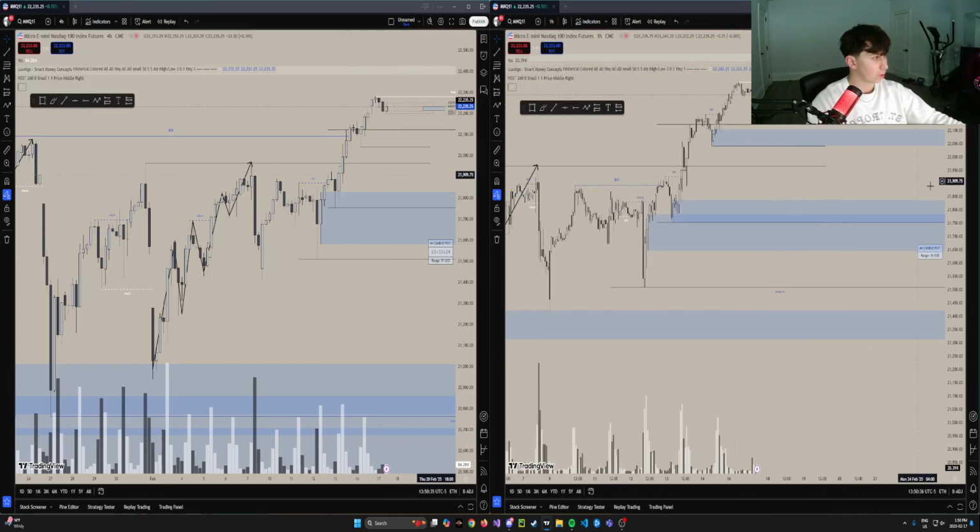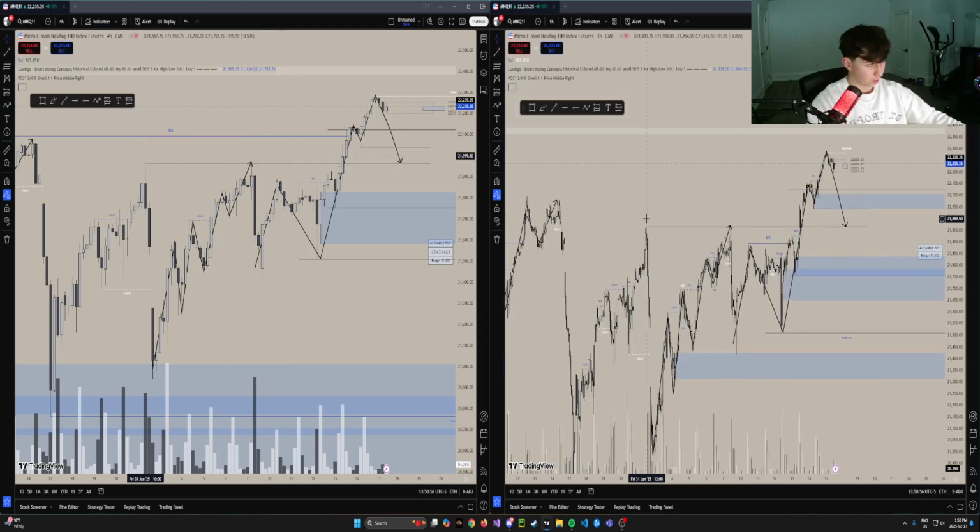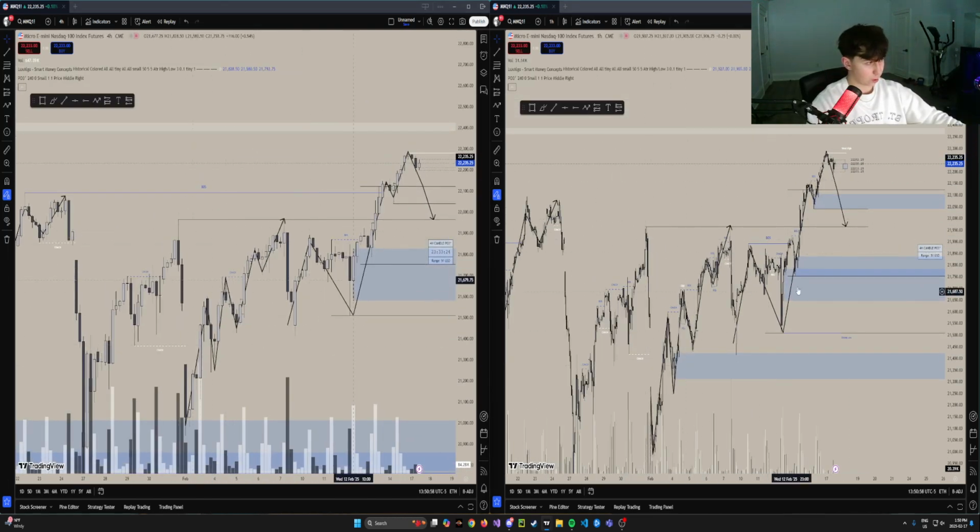a potential direction that I want to see is, again, let's look at this. So we have this bullish structure right here. I'd want to see a move to the downside first so that we can retest this area, or maybe even retest this area, so that we can make a further move up. Because as you can see here, we've touched this area. So this area and this area are the same.